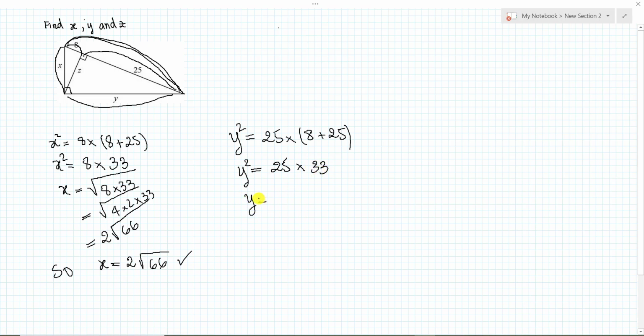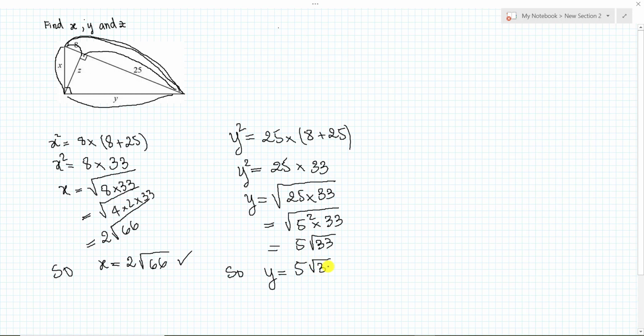And then y equals the square root of 25 times 33. We know that 25 is 5 squared, times 33, and equals 5 square root 33. So y equals 5 square root 33.